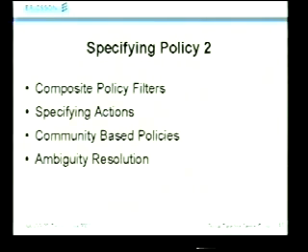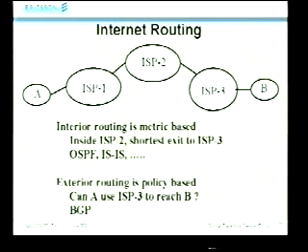Now, in internet routing, basically interior routing is metric-based, but exterior routing is policy-based. Can A use ISP3 to reach B? And it's based on BGP. This is 5 seconds on internet routing. Okay, we're done.